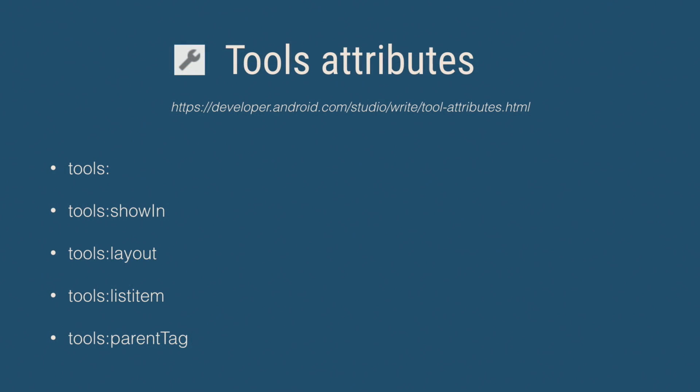One thing that you may not know about is the tools attributes. Fundamentally, we have a problem. If you have a UI, beyond a demo UI that just contains some random content that you put together, it's very likely that at least part of your UI is going to come from your application.